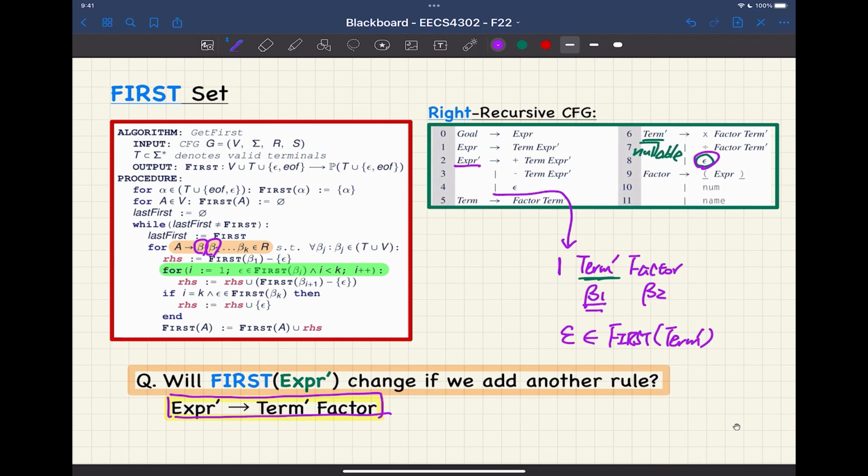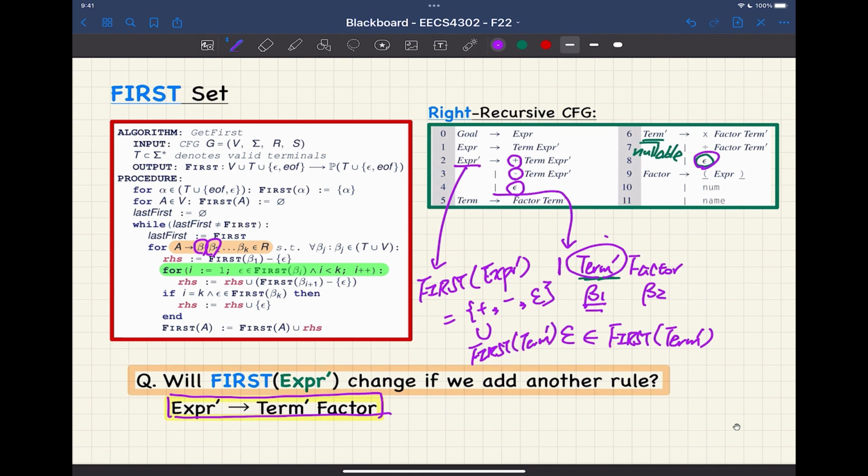So that means when we actually want to collect the first of expression prime, it's going to be, of course, the plus, the minus, the epsilon, and also the first of term prime.